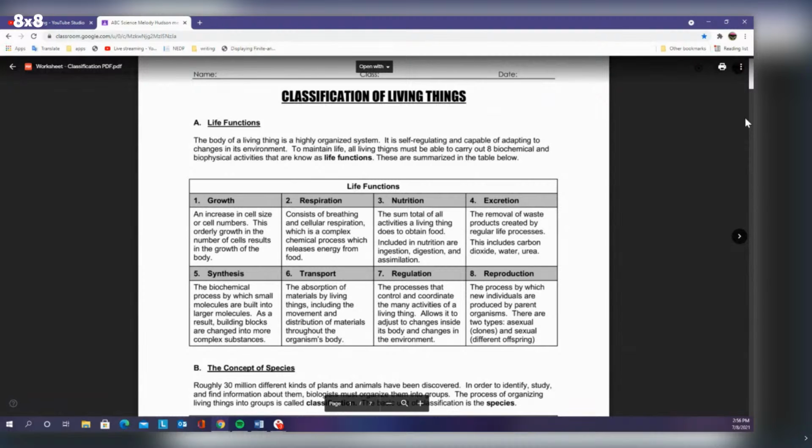Another life function is nutrition, all of the activities a living thing does to obtain food, which means to bring the food into the body, or ingestion, to break the food down from complex chemicals into ones that can be easily used by the body, or digestion, or assimilation, in which the body can produce nutrients which mimic what the body itself can produce.